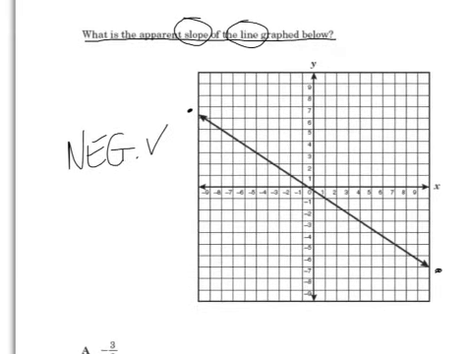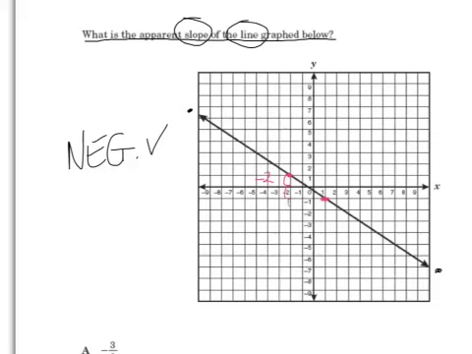But we do know what to do from here because we paid attention in class, and we know that if we're given a graph, we can literally count the slope. All we have to do is find 2 points where it intersects very cleanly on our graph. For example, this point and this point. Now given those 2 points, we can count how far down we have to go. In this case, -2 because we went down 2.